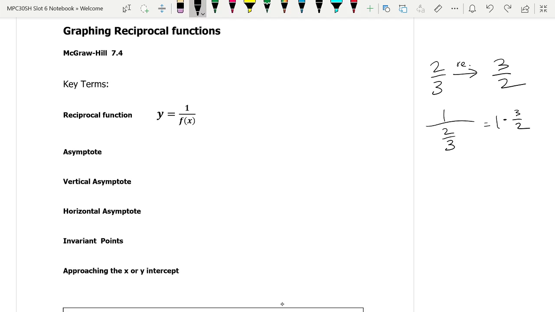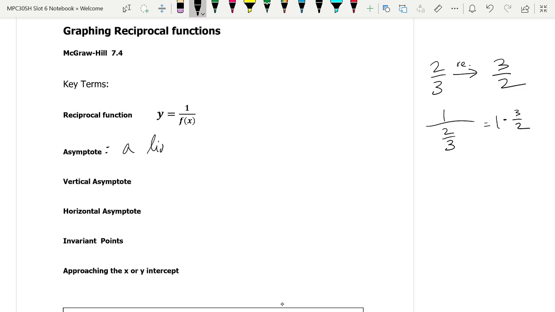Next, asymptote. We've probably seen this word a few times in the course. We've seen it before, I'm sure. Any ideas what it means, actually? An asymptote is a value, or actually, no, let's make that a line.